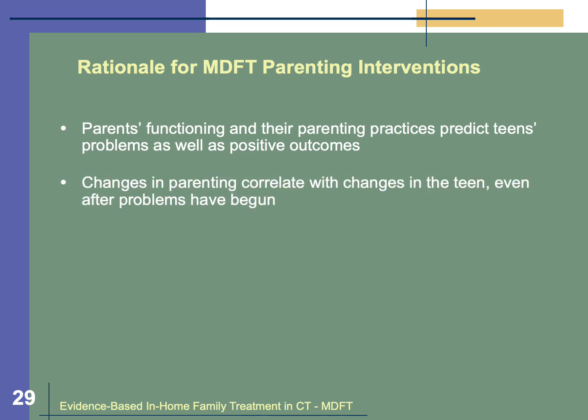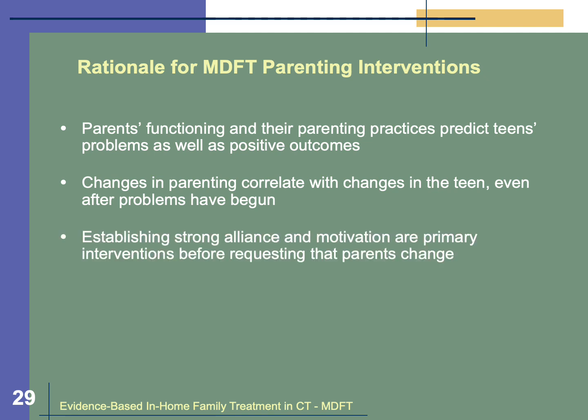So what we do is we engage parents in changes in their parenting practice, understanding that kids will change because we are working with them as well. And we're doing this even understanding that a kid is currently using drugs. So if they're currently using substances, we are still working with the parents to change how they're engaging with the adolescent, with the understanding that things will change. So you're changing the system.